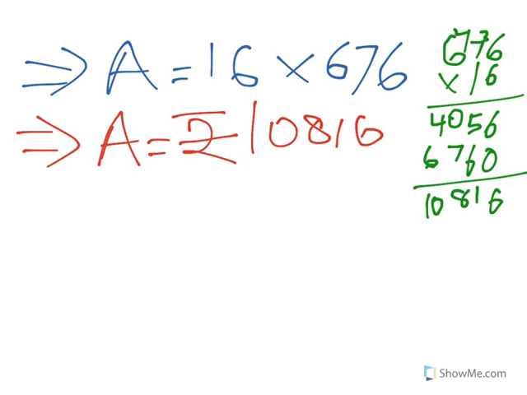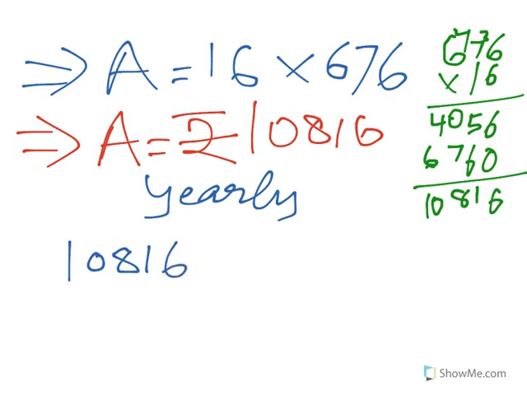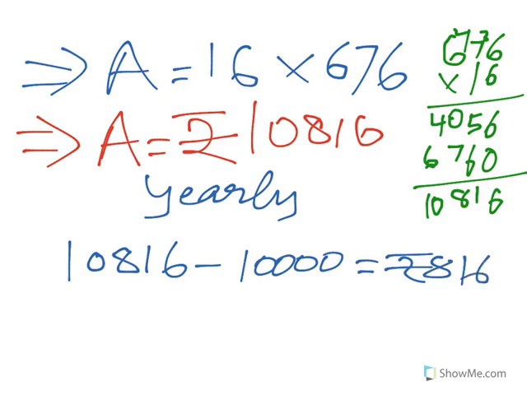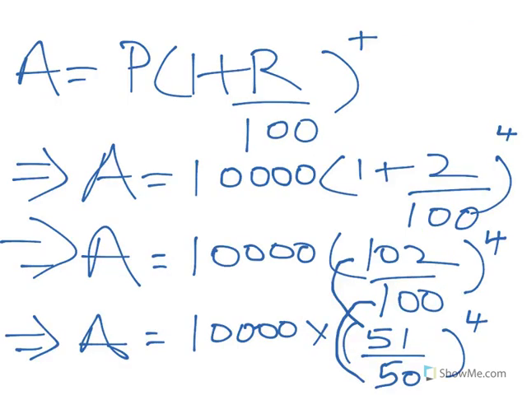So over here, this is the yearly question. All you'd have to do is 10,816 minus 10,000, which gives rupees 816. So this is the interest when interest is compounded yearly.